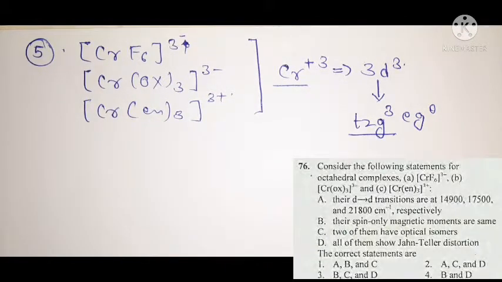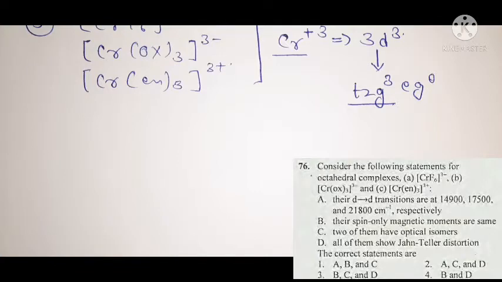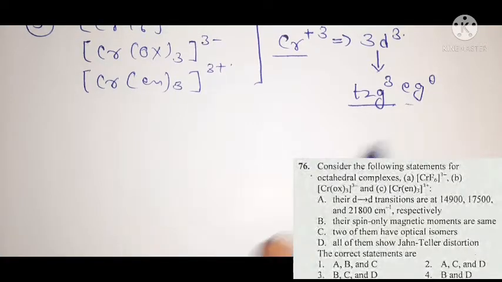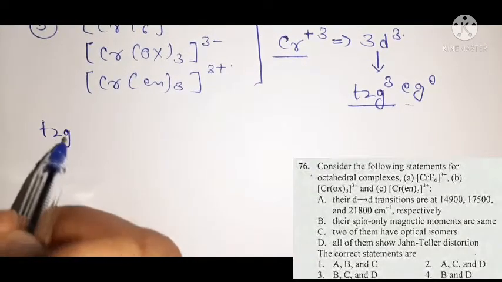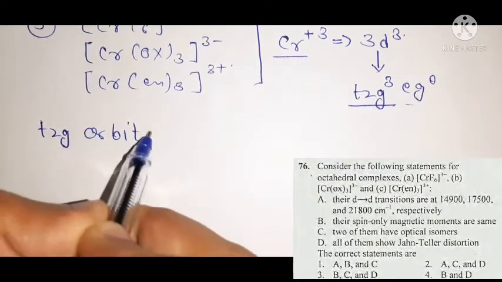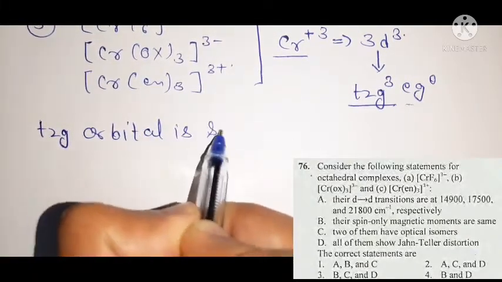So the electronic configuration of this chromium 3 plus ion is t2g3 eg0. On the basis of this configuration, you conclude that the t2g orbital is symmetrically filled, or electronically non-degenerate.